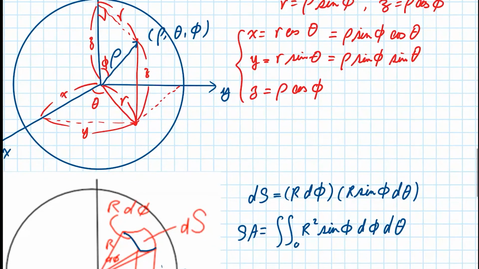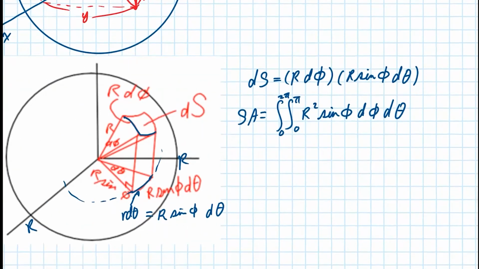So that's from 0 to pi, and theta is our usual 2 pi, 360 degrees. I'll give you a minute to swallow this. Can you swallow this? Okay, we have chapter 16 to recover this, but just watch this.